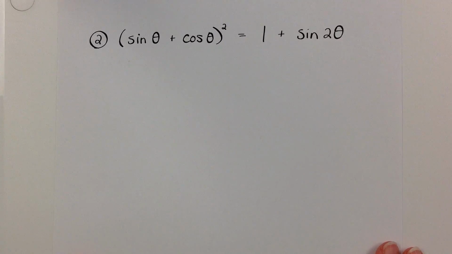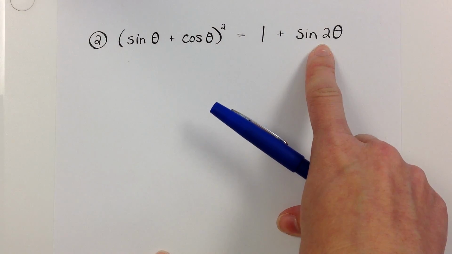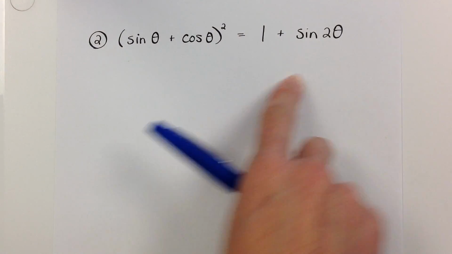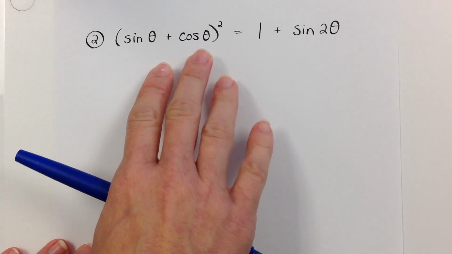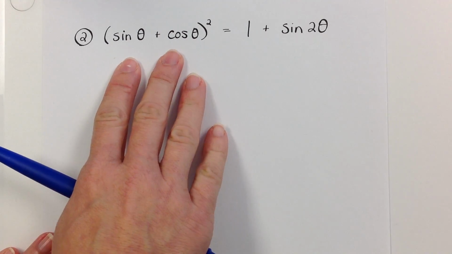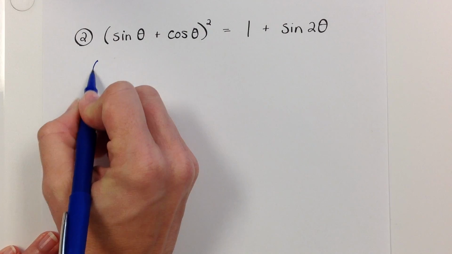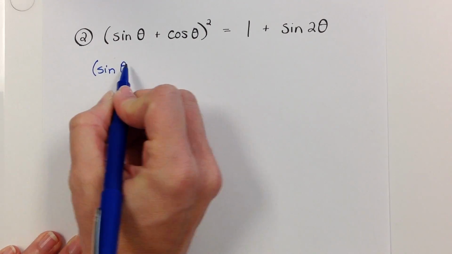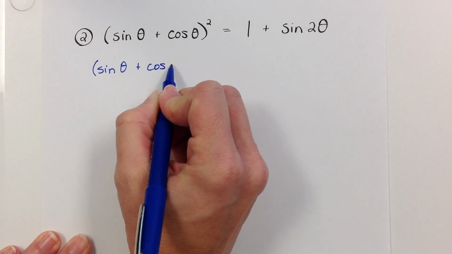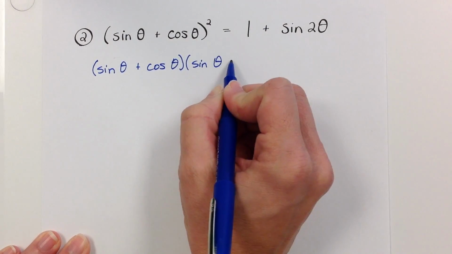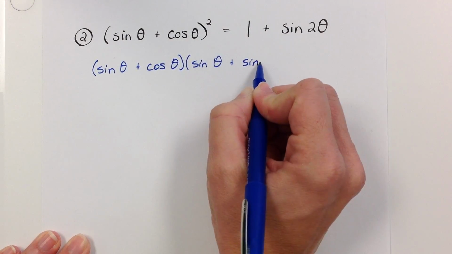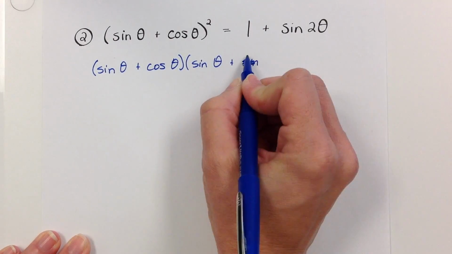Now, I said a while ago, typically you would start where you see a double angle, but actually on this one, it's going to be easier to start over on this side. So what we're going to do is write this down twice and FOIL it out. So just using some algebra steps here. It's supposed to be cosine.